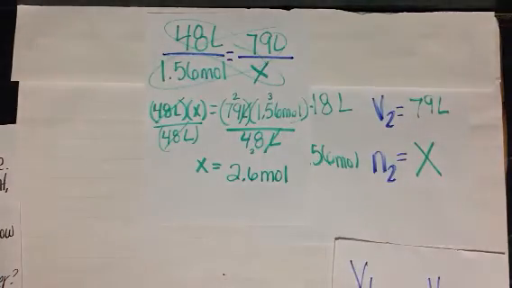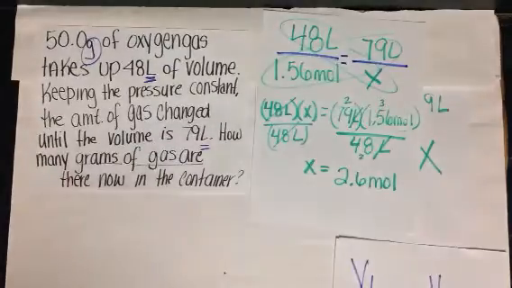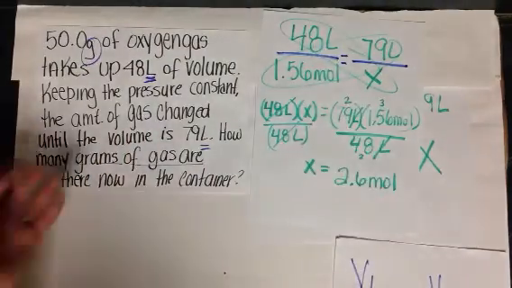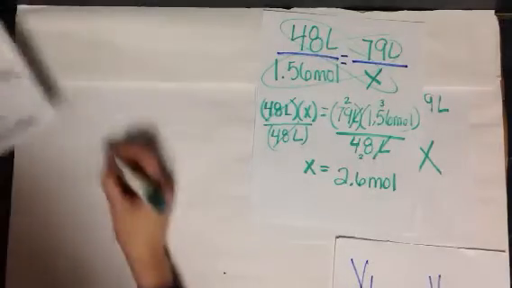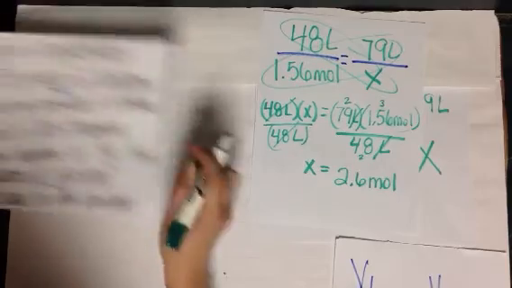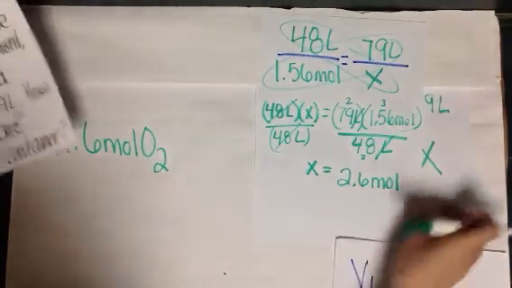Now I'm not done. If you remember, the problem actually asked me how many grams. They might ask you how many moles, they might ask you how many grams. This one says how many grams are there. So now I take my 2.6 moles, and I remember that we're talking about oxygen, O2. All I have to do now is once again convert it to grams.